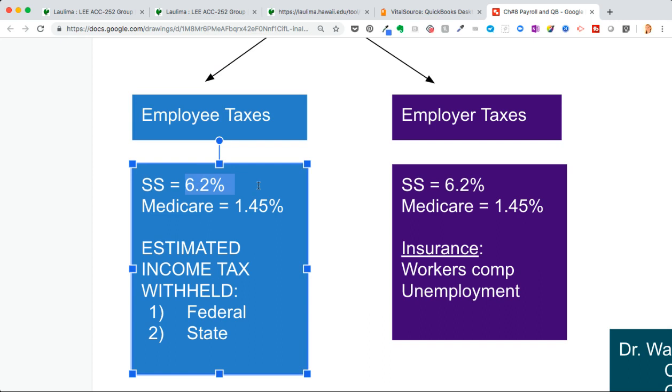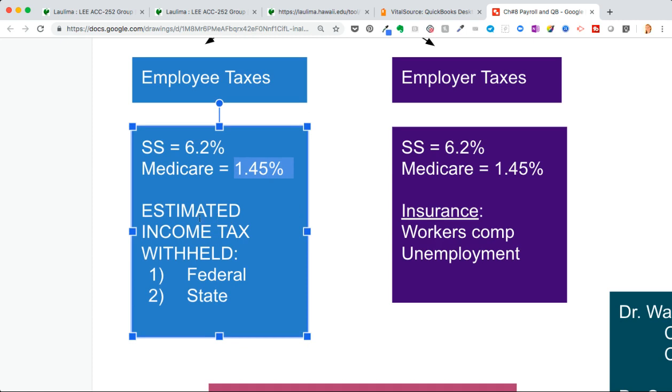That's Social Security. $100 times 1.45%, that's Medicare.